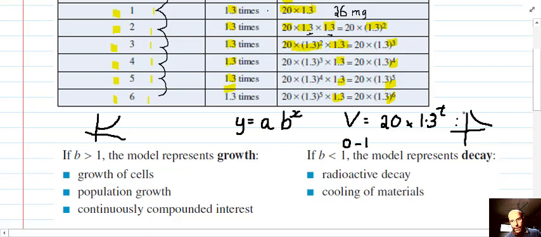That would be things like cooling, Newton's law of cooling, which you might have seen in a previous video. Things like radioactive decay. Radioactive substances have a half-life and their mass declines. But growth, like the growth of cells such as the virus we just saw, population, which can be quite scary, compound interest. Another example for decay would be depreciation.